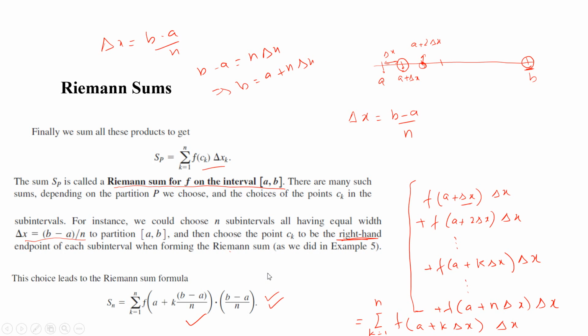Now this is the right sum, and if we have to write the left sum in this form, then we'll have the first point a, f of a, then f of a plus delta x, and so on, and we will end up at the point a plus n minus 1 delta x, okay, because this is the interval a plus n minus 1, b is equal to a plus n delta x, right?